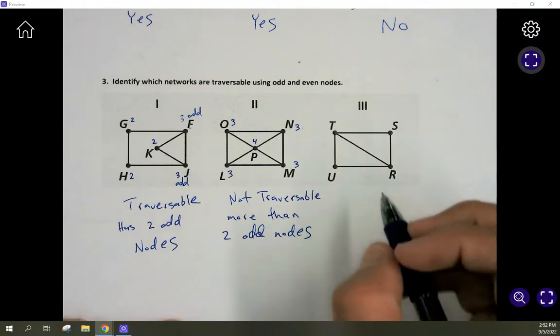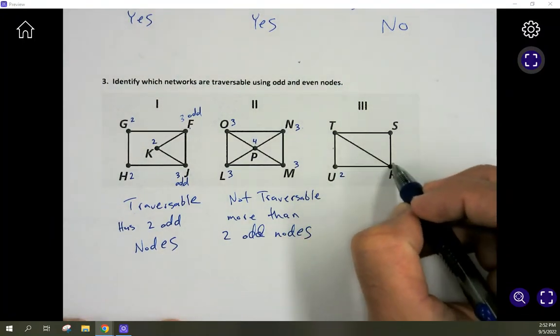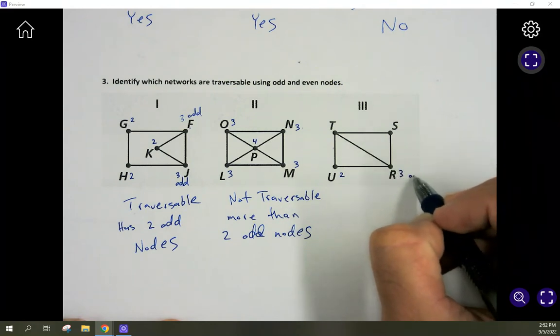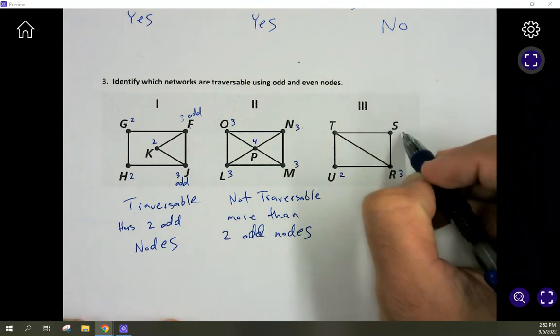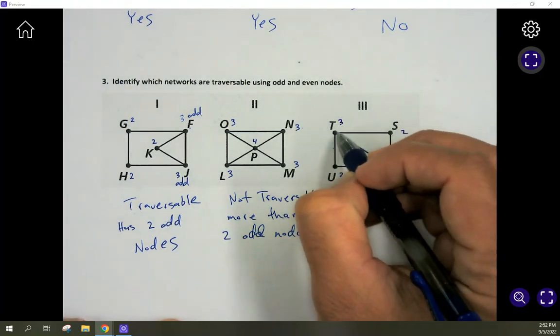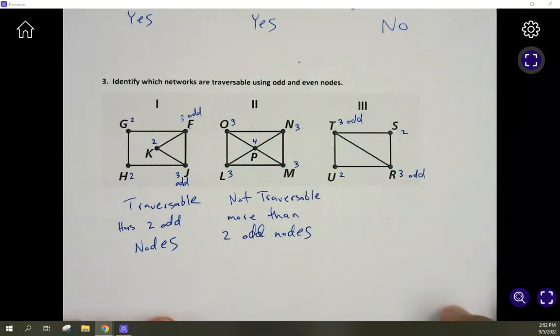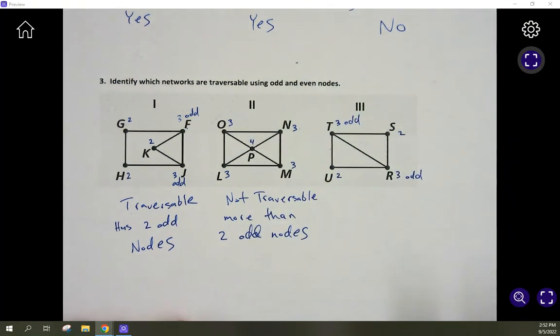So then the last one, U has 2 arcs, R has 3, so there's 1 odd. S only has 2, and T has 3, so it's odd. So we only have 2 odd nodes, so this should be traversable.